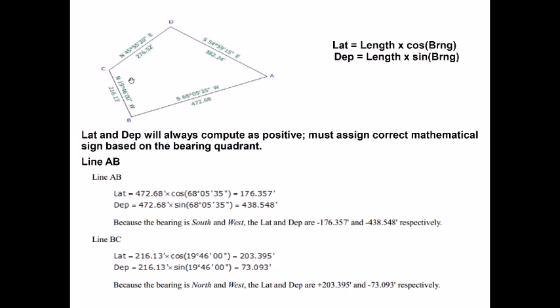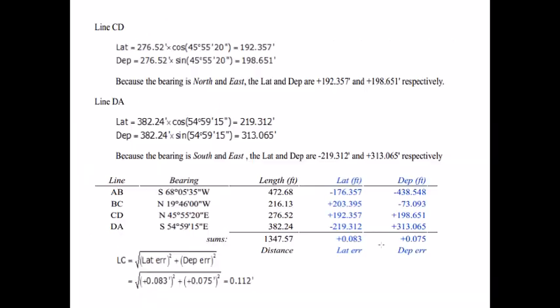Since it is north, the latitude will be positive. For the departure, length and sine of bearing. Since this is west, the departure will be negative, since departure is negative in the west. So this is how we proceed. We do the same for the line CD and the line DA.